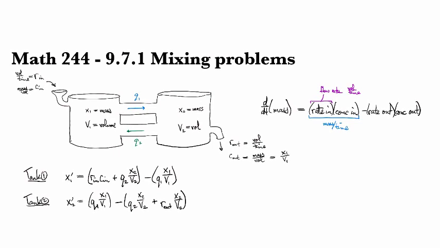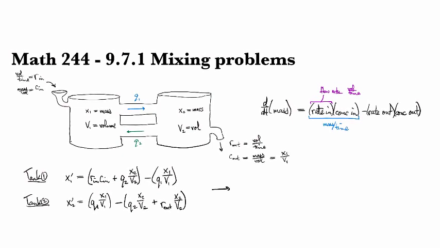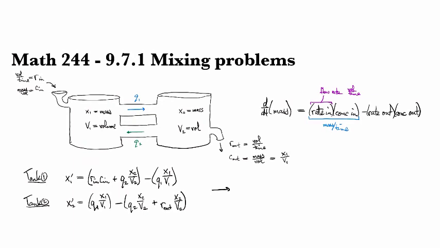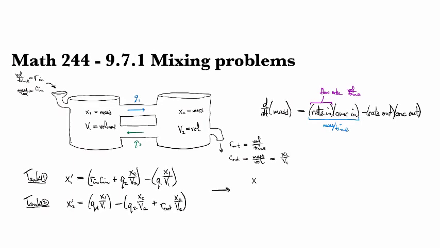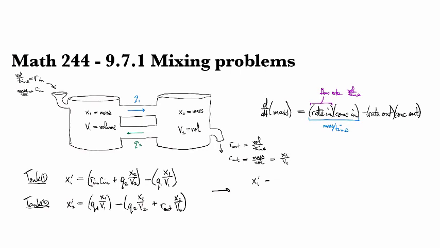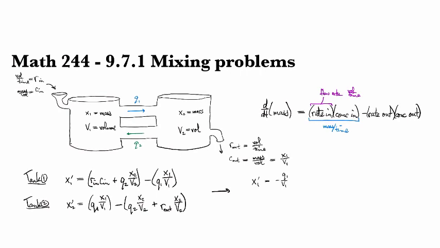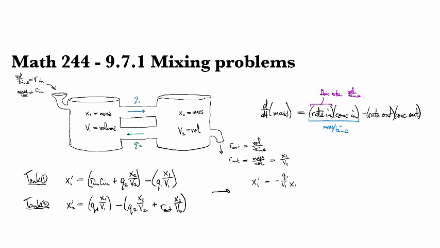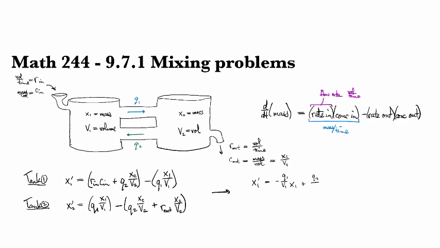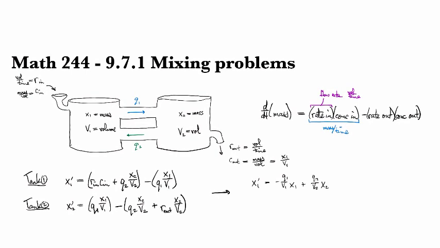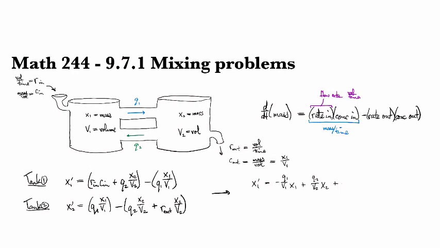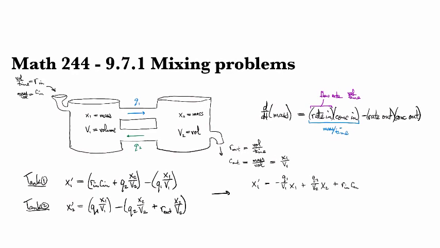Okay, so rewriting this system a little bit and collecting terms, we have X1 prime equals minus Q1 over V1 X1 plus Q2 over V2 X2 plus R in C in.